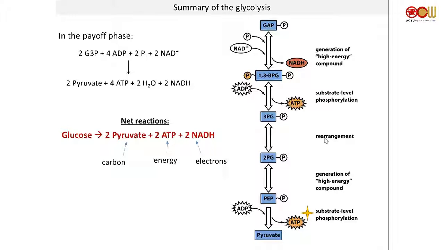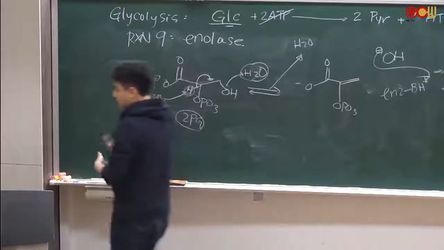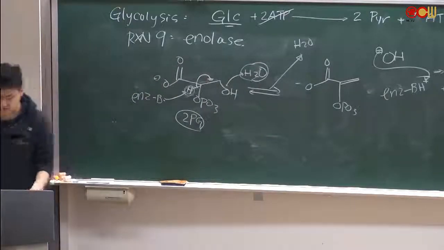Now subtract the 2 ATP that you used in the investment phase. This is the net reaction: glucose gives you 2 pyruvate, 2 ATP, 2 NADH. NADH is electrons, ATP is energy, and pyruvate is carbon. These are carbon metabolites, so we can use pyruvate to do other reactions.